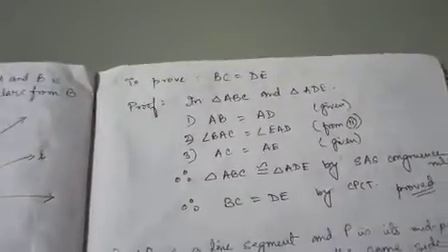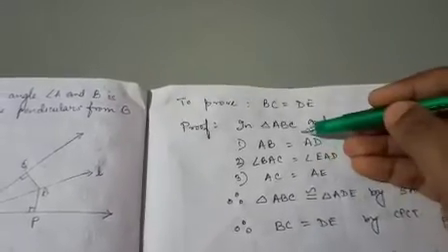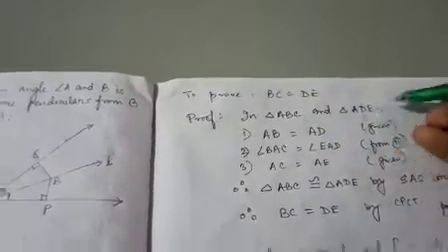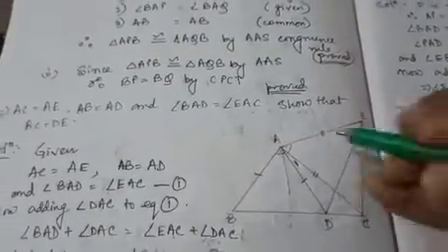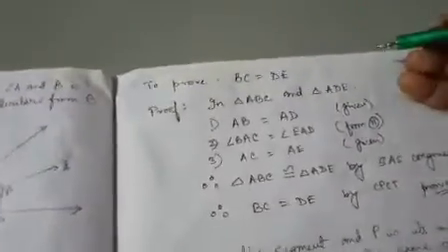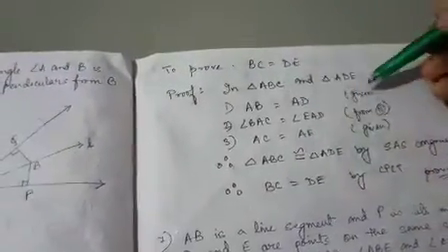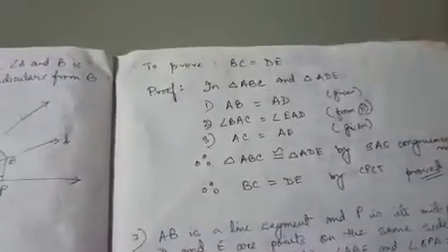Now to prove that BC is equal to DE, what are we going to do? We are going to consider triangle ABC and triangle ADE. Now on considering those triangles, we got AB is equal to AD, that is provided in the question.